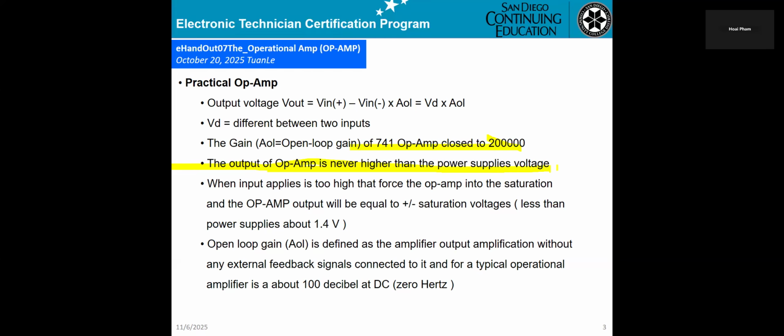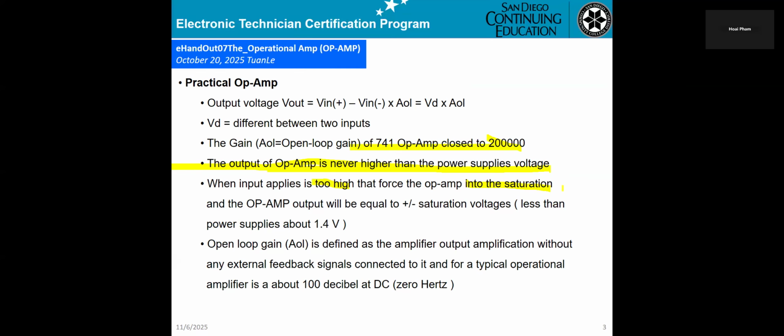When the applied input is too high, the op amp will go into saturation. Saturation means it is no longer amplifying.